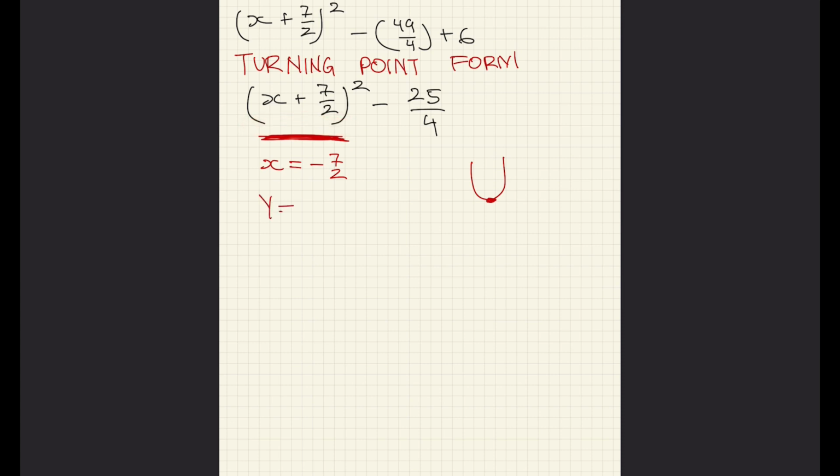And y is going to be minus 25 on 4, because the last value is going to be in the turning point. Okay, I hope this has helped.